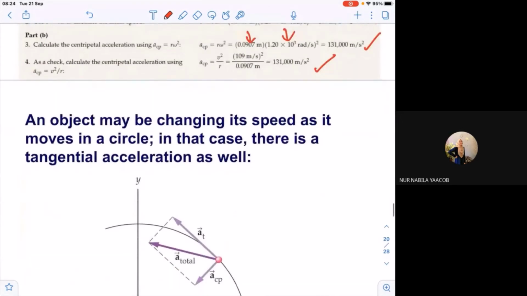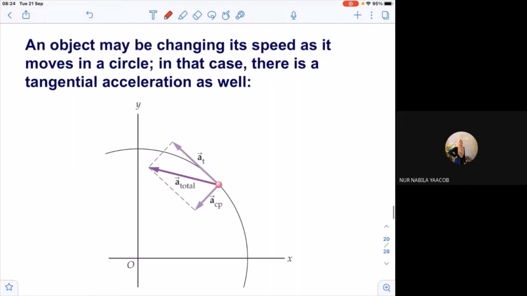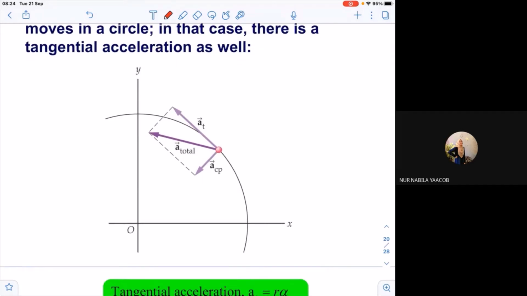Okay, so let's go to the part on acceleration. Where are tangential acceleration and centripetal acceleration? Look at one particular point that moves around in rotational motion about some point O, called the center. This is the center of the circle, and one object, say a ball, moves around with some velocity and acceleration.